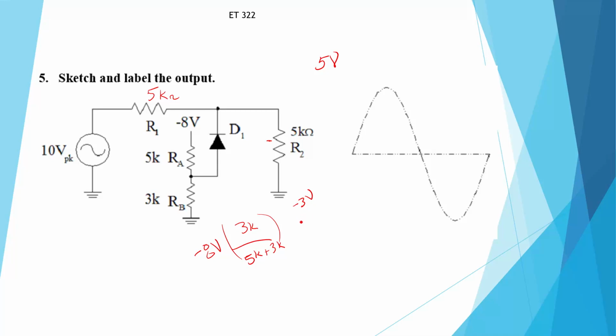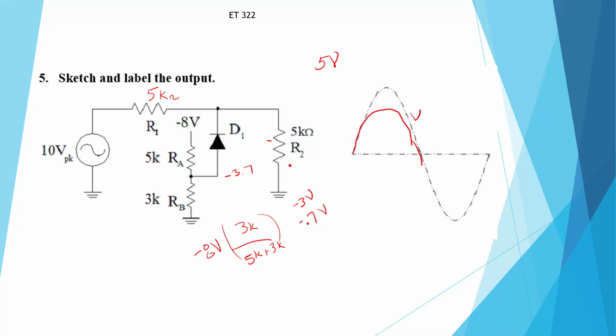And we have a diode going in the other direction, so we're going to add another minus 0.7. So we have here minus 3.7, and when this is positive, it is going to max out at our locking voltage, which is 5 volts.